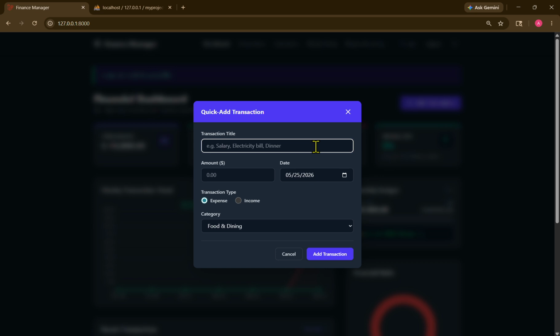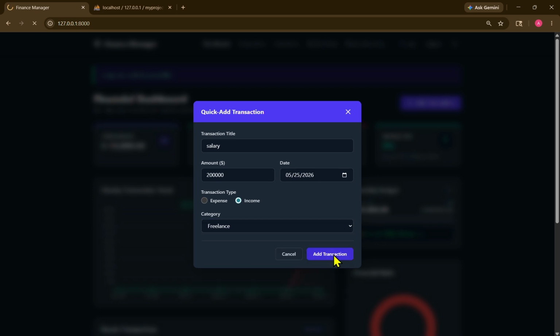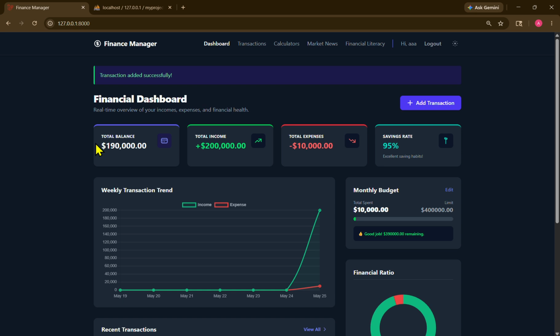When we add the transaction, it will be added in such a way that we are earning something too. So a person can track how much money he or she is receiving. Let's add it. Freelance, add transaction. So here the income part will also be there, and it will be good for us.